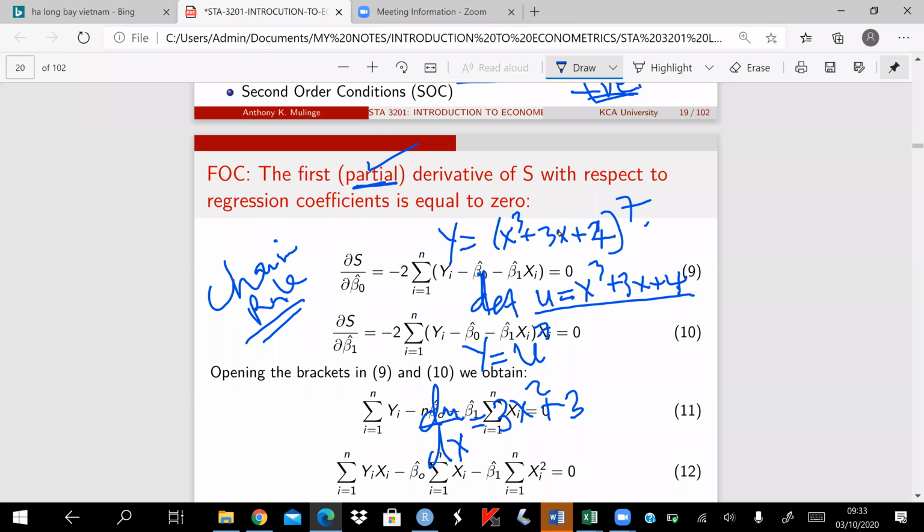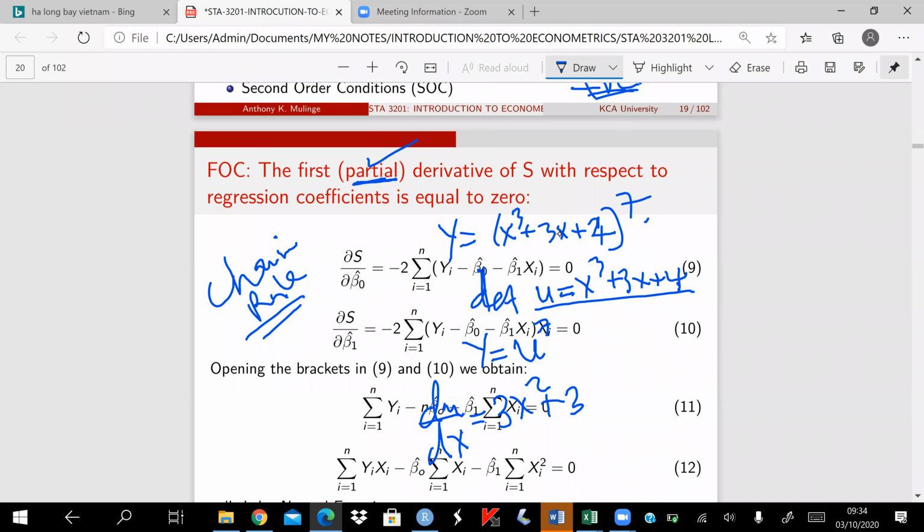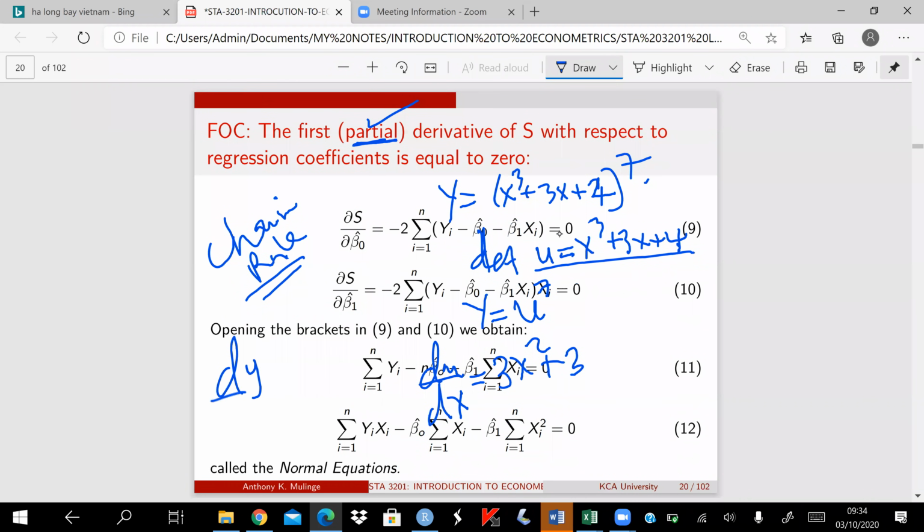Then you can differentiate y with respect to u, which is quite simple: 7u to the power 6.